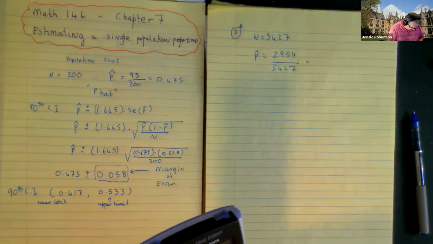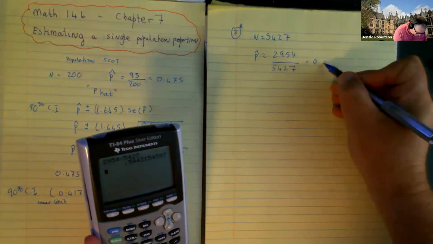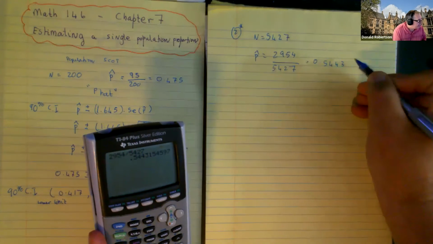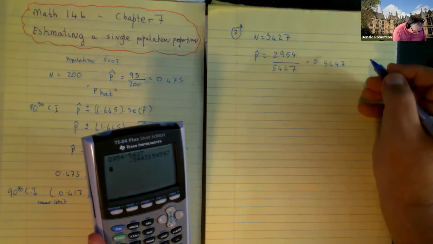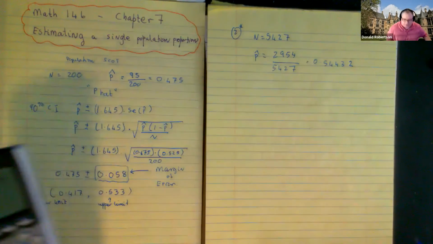And I'm now turning that into a decimal. And I'm following their instructions. And their instructions is that they want at least 4 digits after the decimal point. So I'm going to do one more for luck.